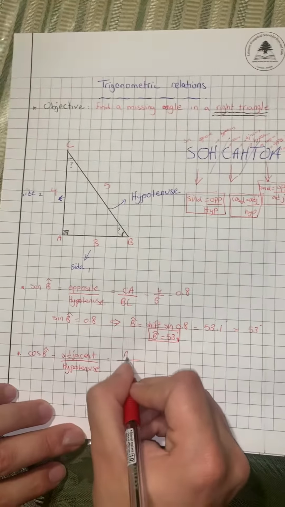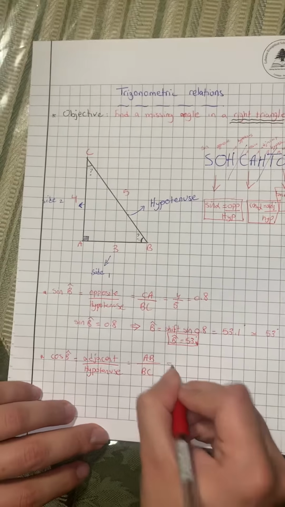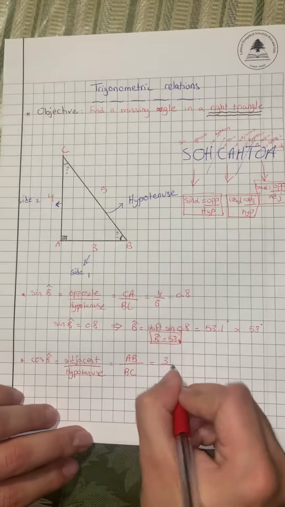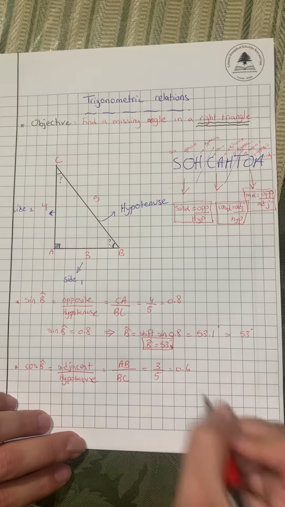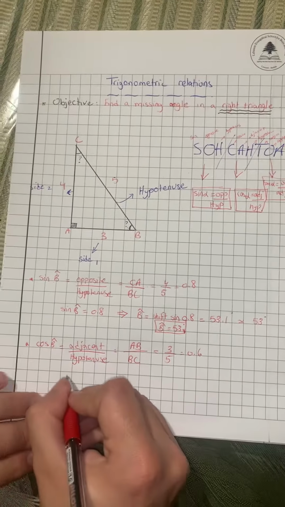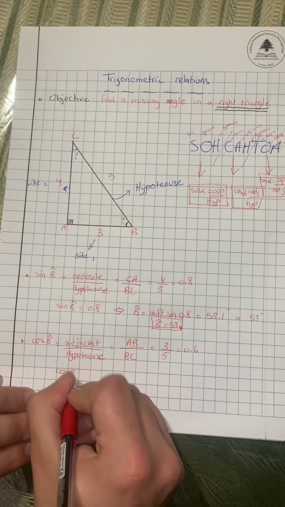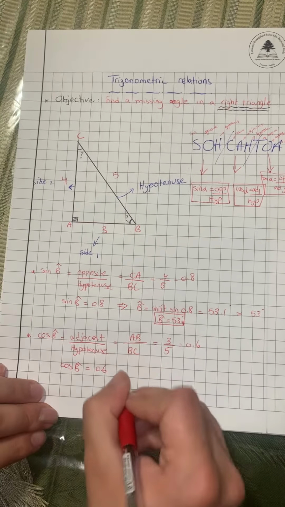So it will be equivalent to AB over BC. AB is 3, over 5, it will be equal to 0.6. Thus, we obtained cosine B is equal to 0.6.